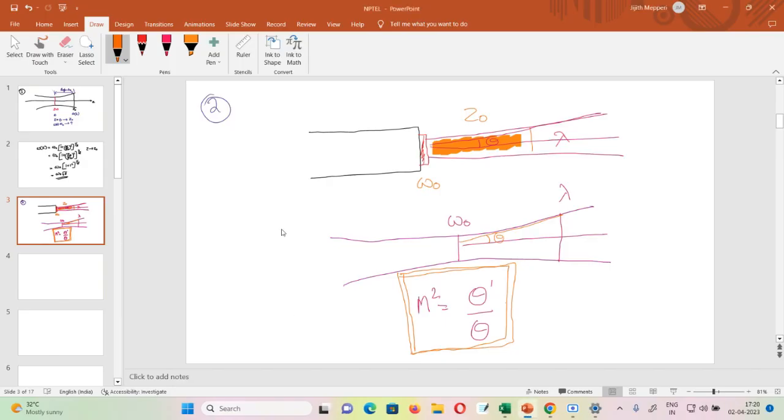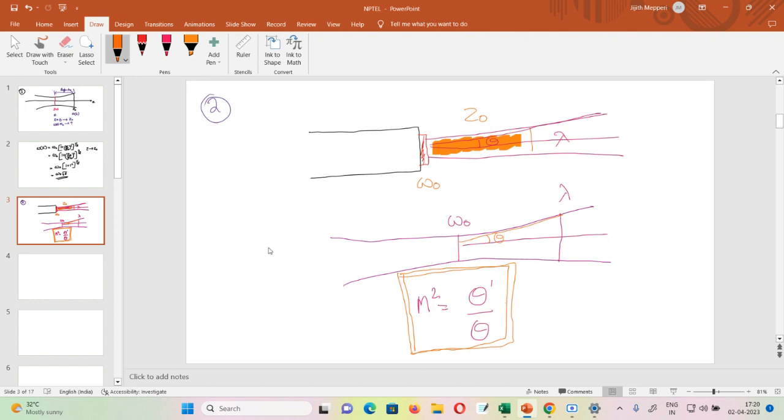Could you see that I'm solving this problem, the second problem? It's quite a direct question only. It's showing how the ratio of the beam divergence gives the M square parameter. You're hearing that?